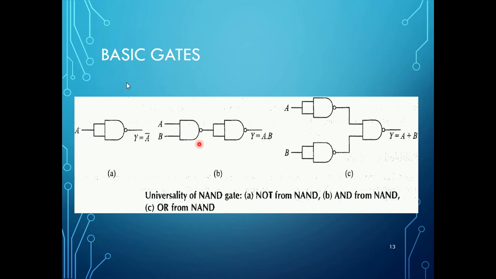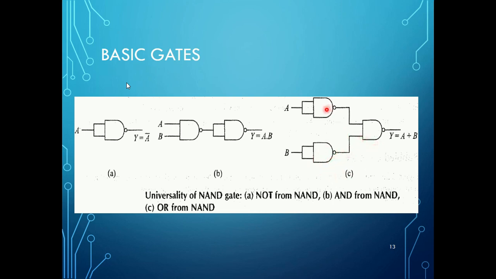Next, if you want to convert a NAND gate to the form of an AND gate, you have to connect it in this manner. You have connected two NAND gates, one NAND followed by another NAND, like an inverter connected at the output side. So here A and B are the input, Y is the output, but the Y output you get is in the form of AND, that is A dot B. Next, in the next example, you have converted NAND gates to an OR gate.